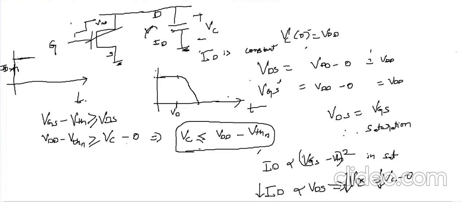So up to a certain time, which is up to this point, here the voltage will be VDD minus VTH of N. The current is constant, and after that, the current drops linearly up to 0. At this point, VDS is equal to 0. Why? Because the capacitor is discharged completely. So this is the current waveform.